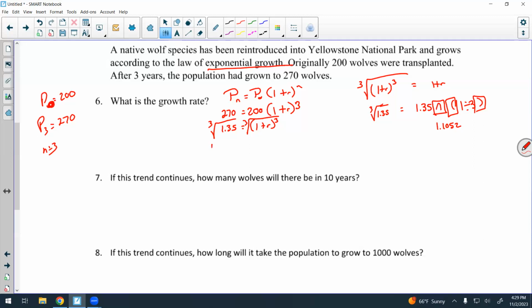So now I have 1.1052 equals 1 plus r. I want the growth rate, so I want r. That's 0.1052. Or if you'd taken notes last class and just uploaded the homework, because it's the same problem we did in class Tuesday.